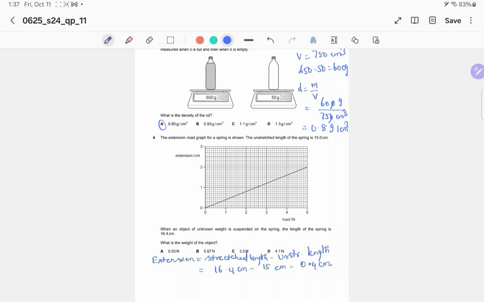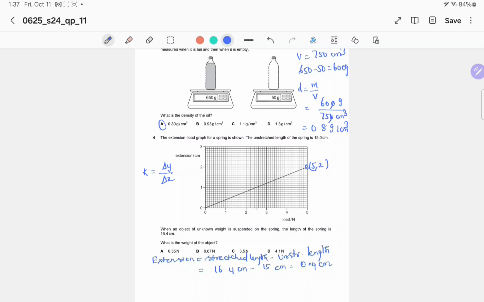Now we have to find K to find the answer. We will calculate the K from the graph. That's nothing but delta y by delta x. It's a slope we have to calculate from the graph. So I will take the point 5, 2 and here 2.5, 1.